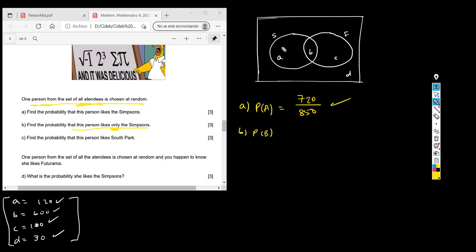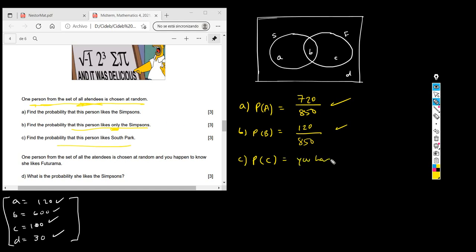These people that comprise this half moon, which is A, are the people that only like The Simpsons, which is 120. 120 people only like The Simpsons, among all the attendees, which are 850.